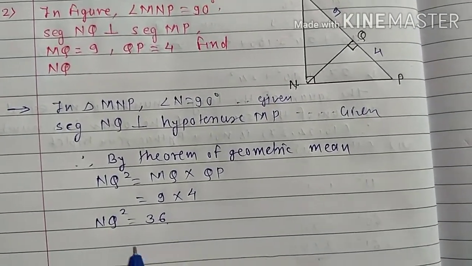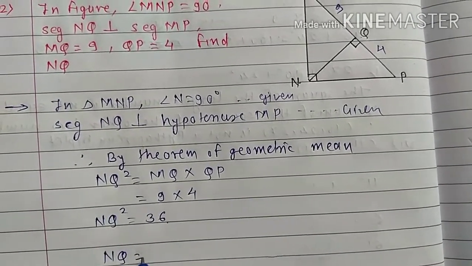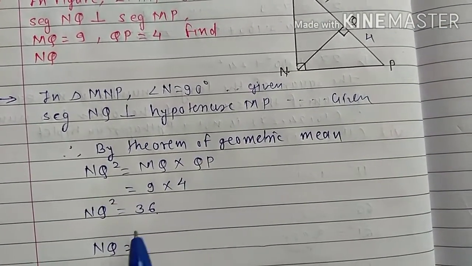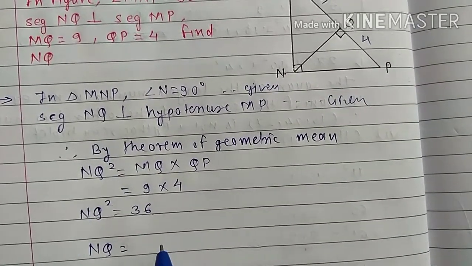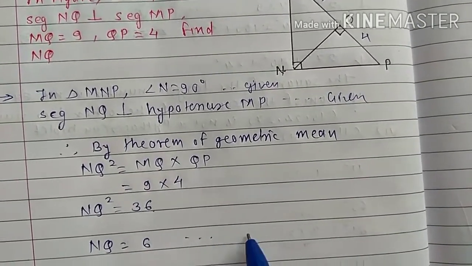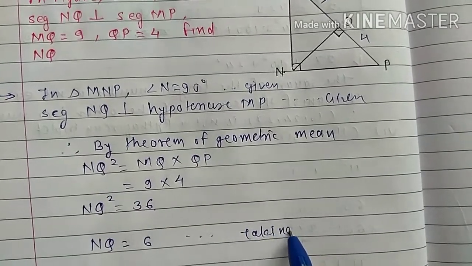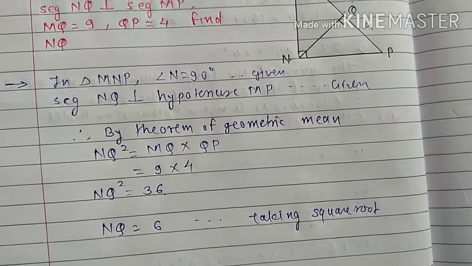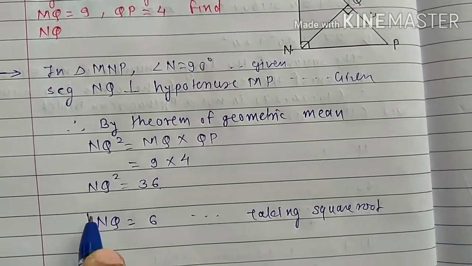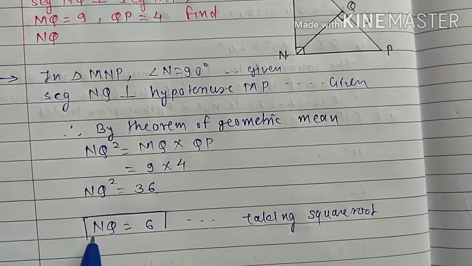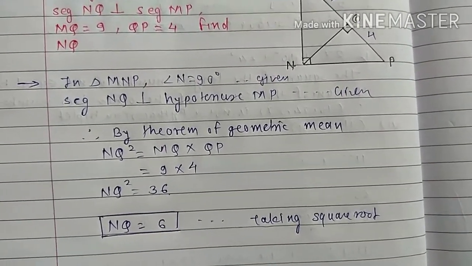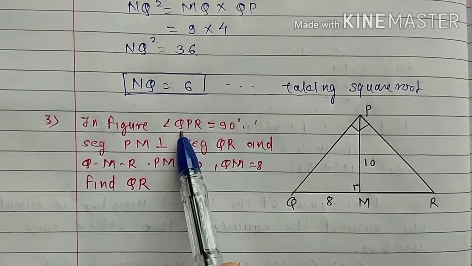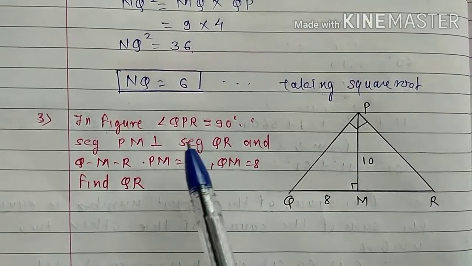Therefore, taking the square root, the square root of NQ square is NQ and the square root of 36 is 6. So therefore NQ is equal to 6.